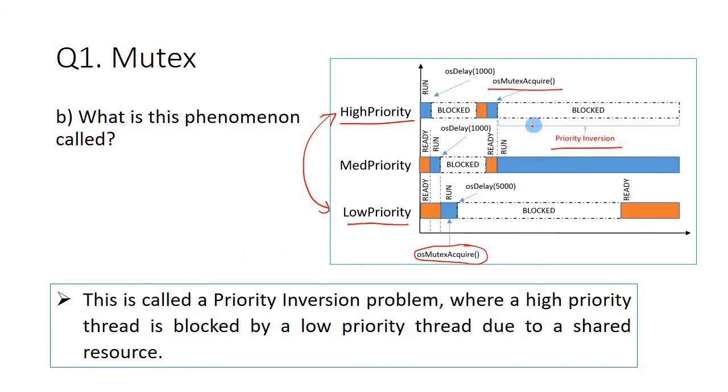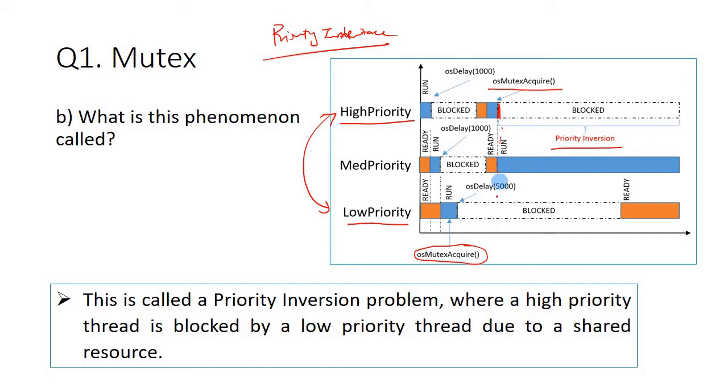If I were to enable priority inheritance, then what would happen is, at this point of time here, the high priority thread is blocked, because of a shared mutex, a shared resource between the high priority and low priority thread.